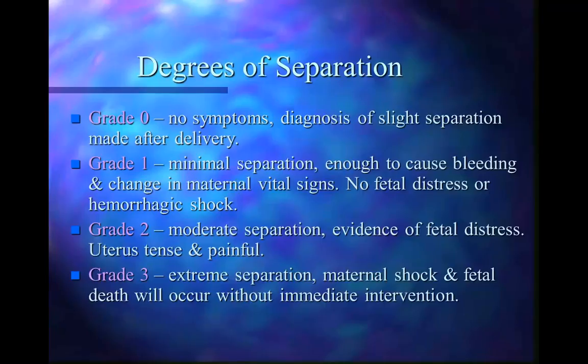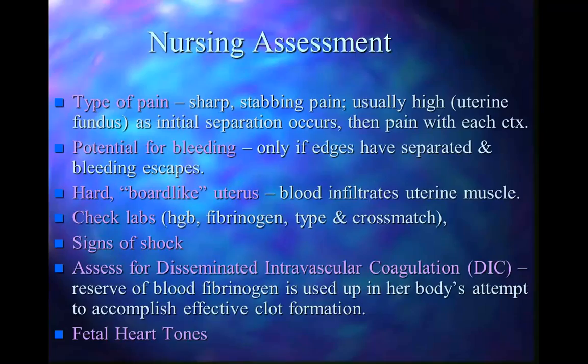And this is where maternal shock and fetal death will occur if we don't have immediate intervention. And that's why an abruptio placenta is always an obstetric emergency, and it requires an immediate C-section. So we just hope that that abruption occurs when she is in the hospital and not out in the community.